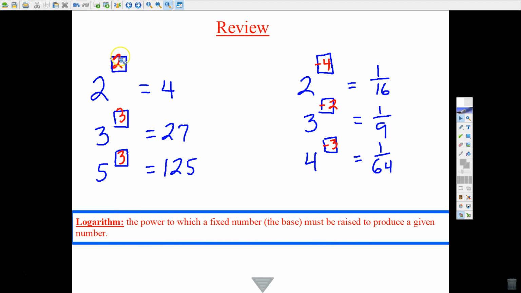So we basically ran through some pretty simple examples of exponents that are required to make a base number, a given base number, a fixed number, equal or produce a given number. And in other words, we found the missing exponent. So that's really what logarithms are.